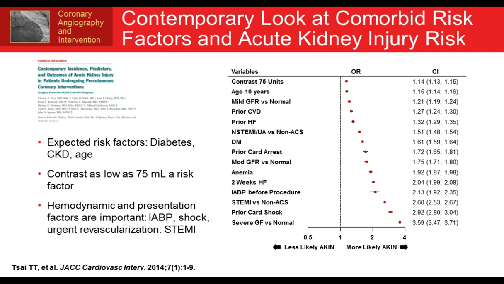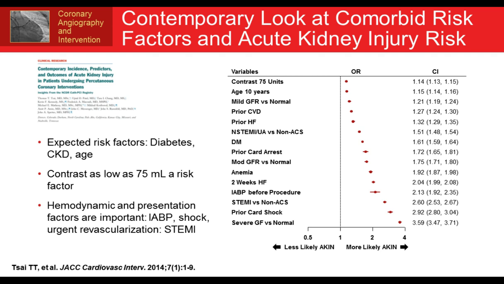The other risk factors were also looked at, and you can see in this forest plot on the right, all the way from a contrast dose as little as 75 units or milliliters, all the way to severe GFR at baseline, you can see a graded increase in the odds ratio of developing acute kidney injury.